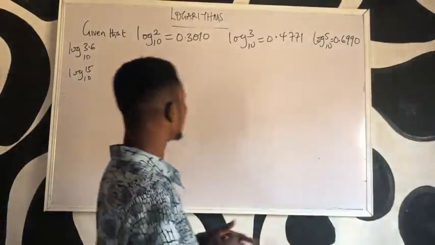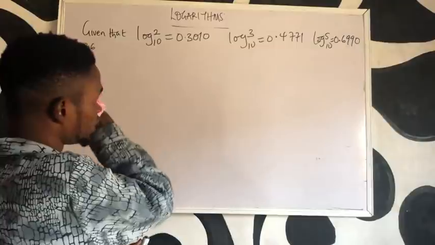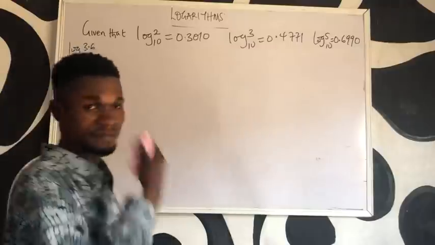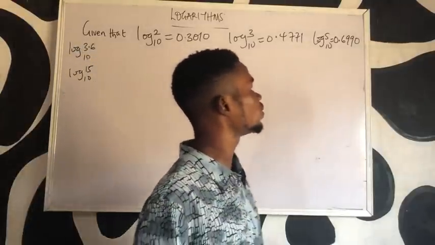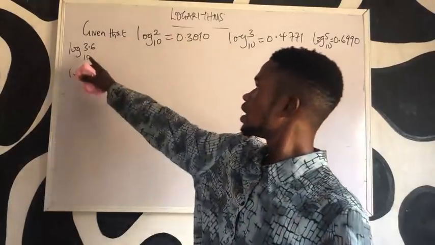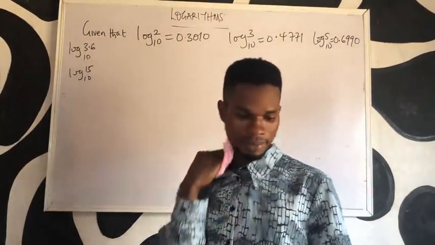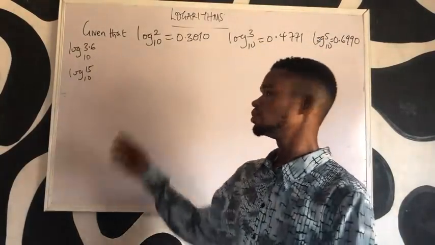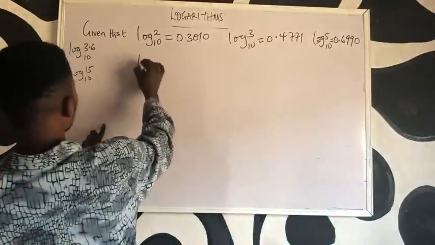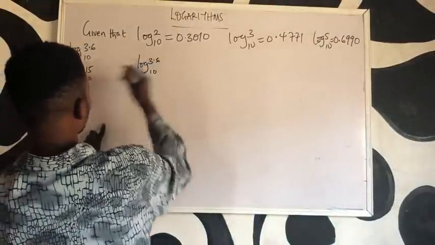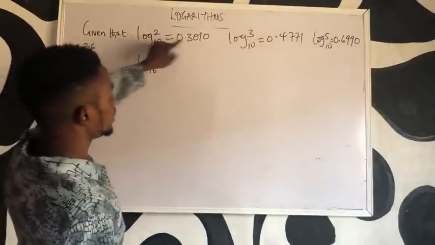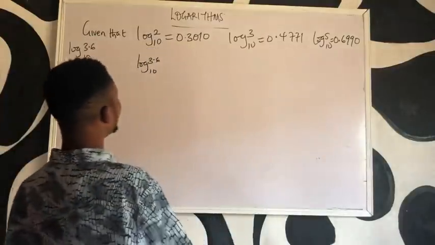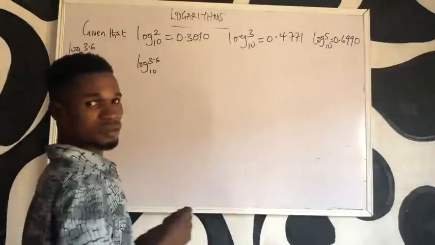Now we are given log 2 base 10 is 0.3010, log 3 base 10 is 0.4771, and log 5 base 10 is 0.6990. Evaluate log 3.6 base 10 and log 15 base 10. So how do we do this? We need to check if the values here are factors of this.